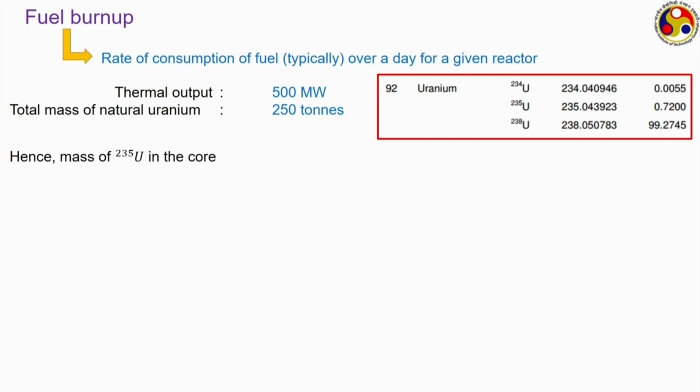So, first we need to identify the mass of uranium 235 that is present in the core. Total mass is 250 tons, but that corresponds to the natural uranium. We first need to know the mass fraction of uranium 235 in this reactor, and that can easily be calculated, as we know the atomic weight of all these 3 isotopes and also their percentage.